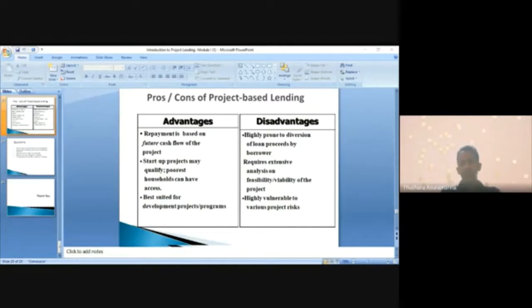But similarly, if the same entrepreneur now has a plan based on future potential, with daily income generation expected at 250, now the loan amount is not, say, 500,000. It could be 2 million or so. Why? Your potential earning is 250 per day. You see the difference between cash flow versus the project. So repayment is based on the futuristic.